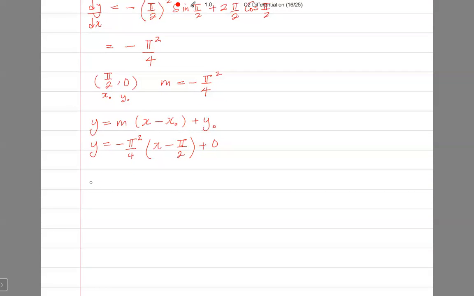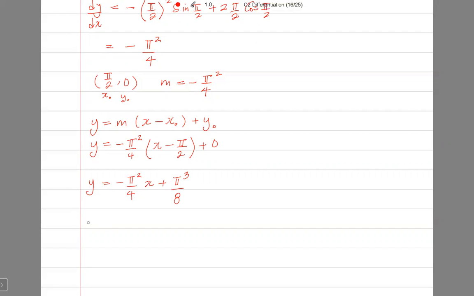Distributive law, y is equal to minus pi squared over 4 x, and negative times a negative is a positive, and this is pi cubed over 8. This is the equation of the tangent.